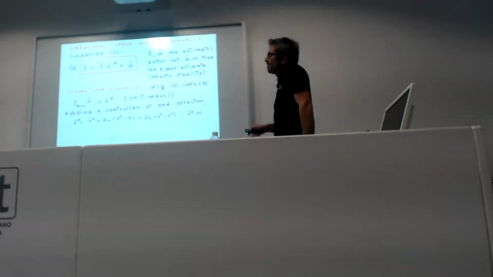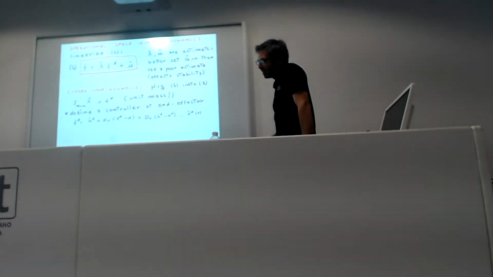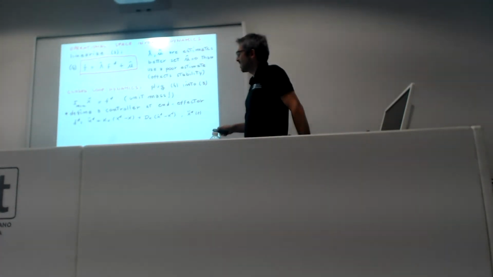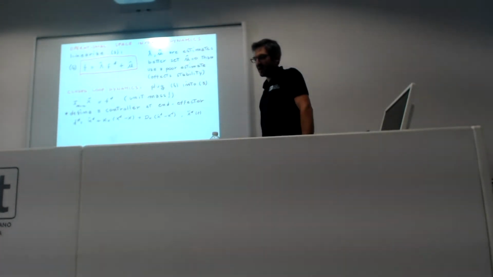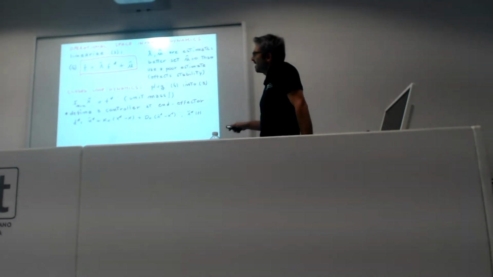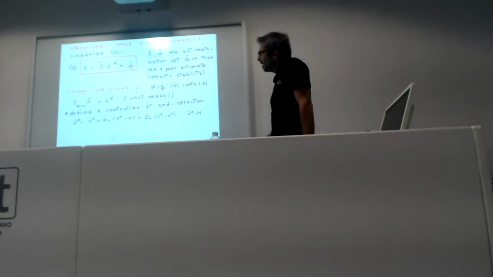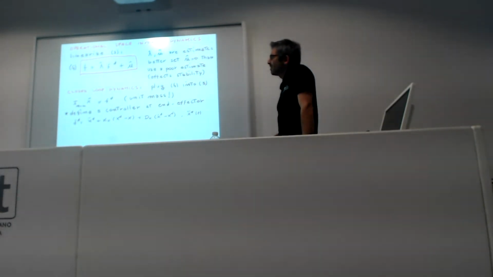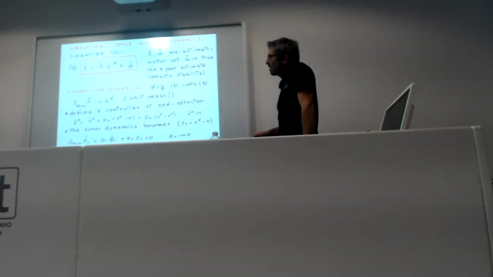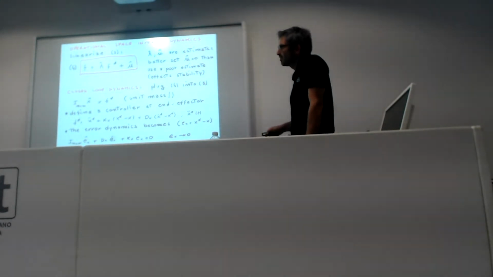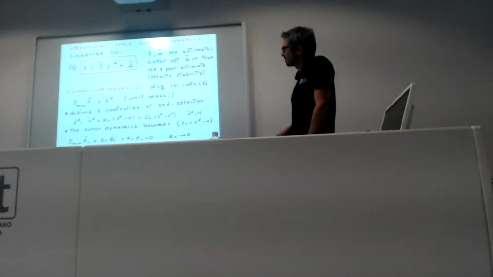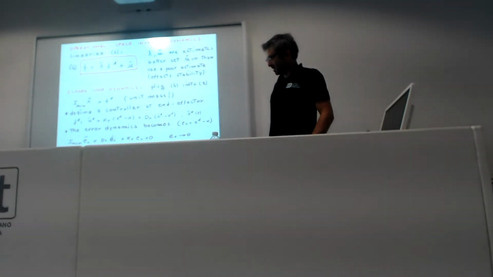So we have a Cartesian proportional gain matrix that is multiplied by the error in the position of the end effector, and a matrix of Cartesian damping gains that is multiplied by the error at the velocity level of the end effector. And then if we put this inside here, we get the second order error dynamics that goes to 0. So this is a very nice result.